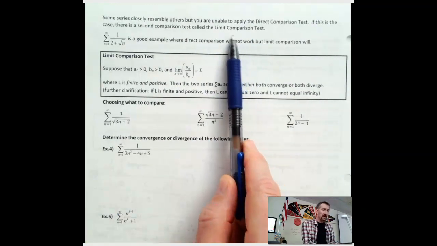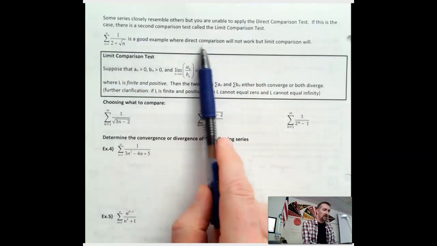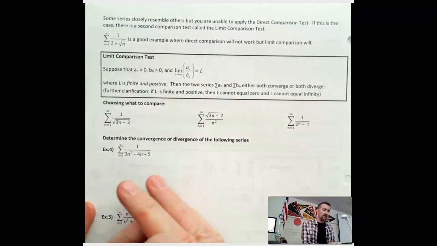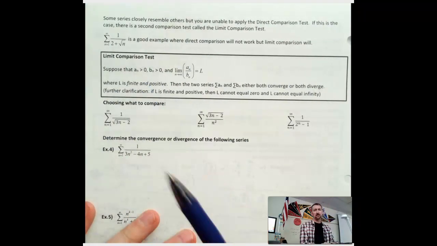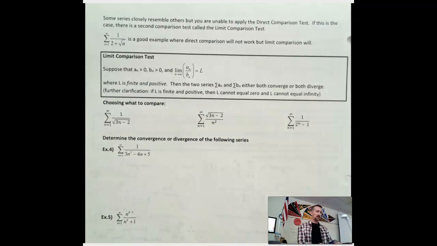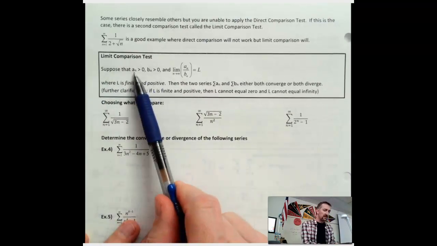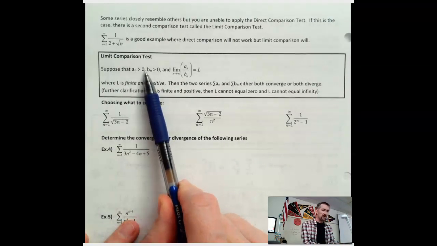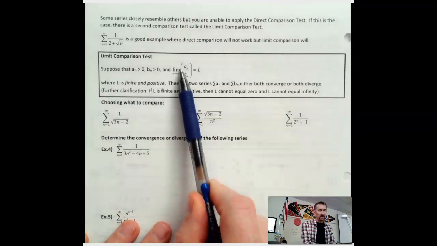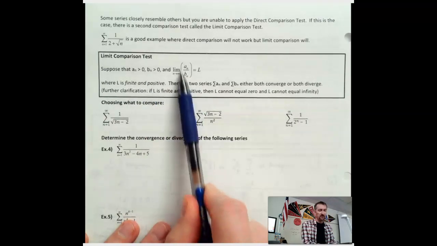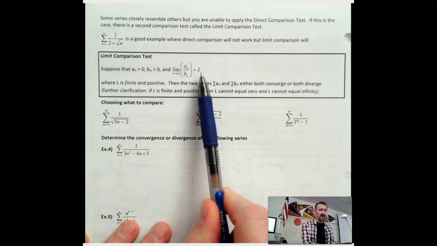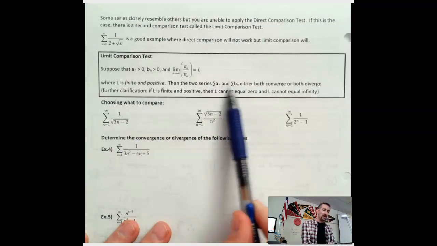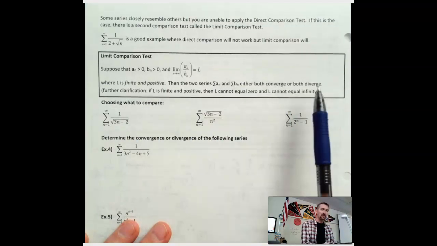Alright, so now if we can't find a direct comparison, there's another test called the limit comparison test. So if we're not able to do the direct comparison test, but we see that one series is greater than 0 and the other series is greater than 0, if we test the limit of the ratio of those as n approaches infinity, and that approaches a limit that's positive and finite, then both series have to converge or diverge.